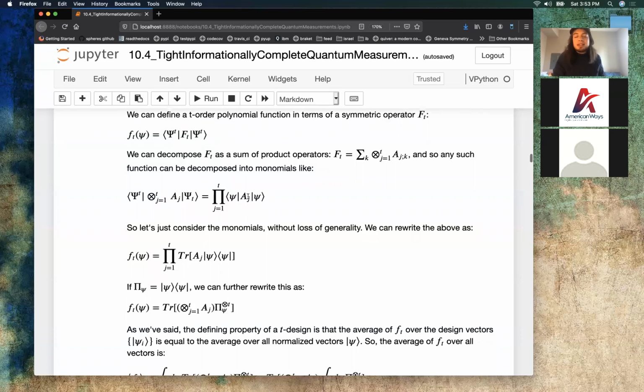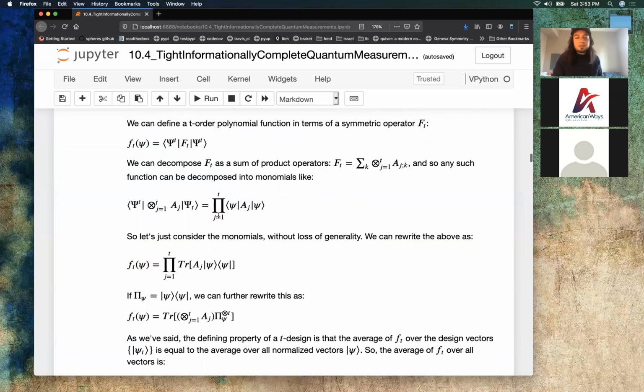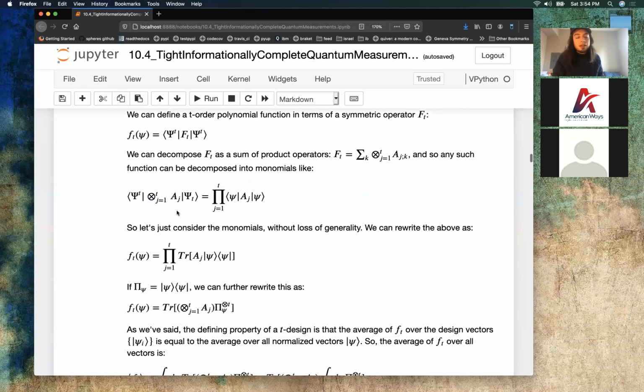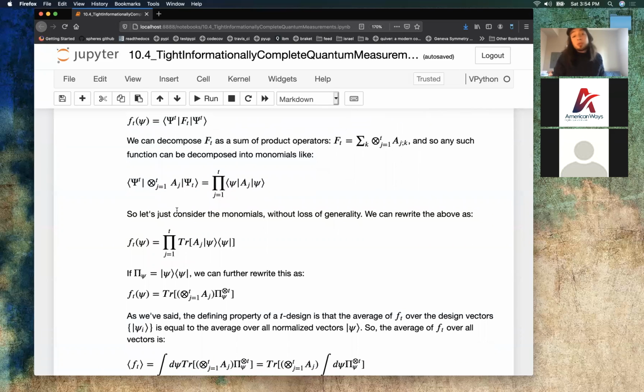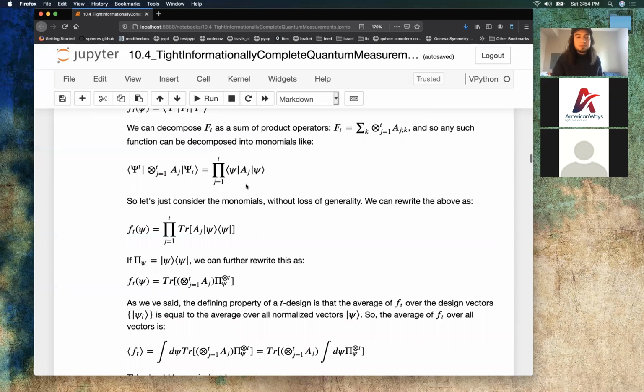We could further write this as a product where for each A, we take its expectation value with the state psi. That works because these are just tensor products of psi, and each A only acts on its own little piece, so we can reformulate it this way.